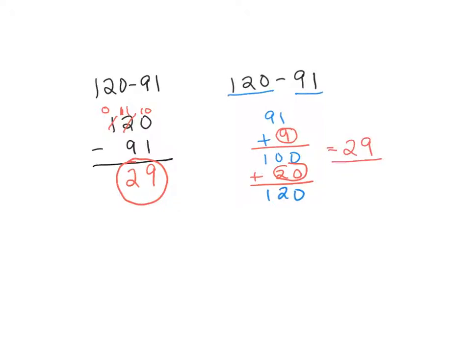Now, it's kind of detailed, but that's what I would be doing in my head. It's just first adding 9 and then adding another 20 and putting those together. This is known as the adding up way of doing subtraction, and that will certainly work, although it does get a little bit tedious at times.